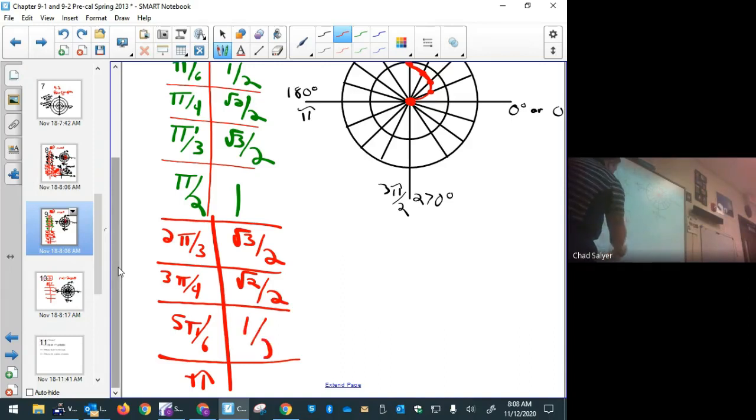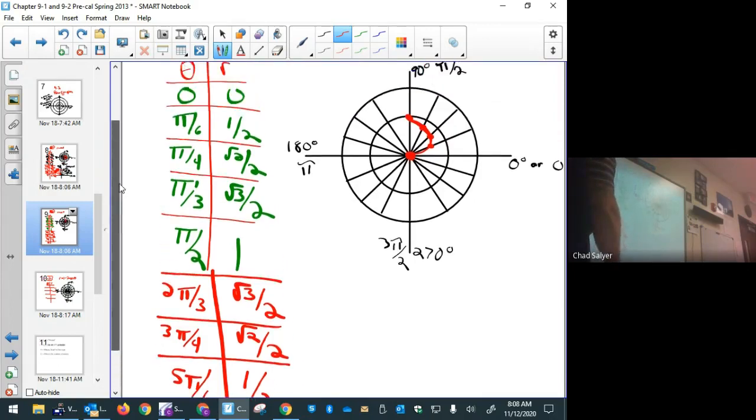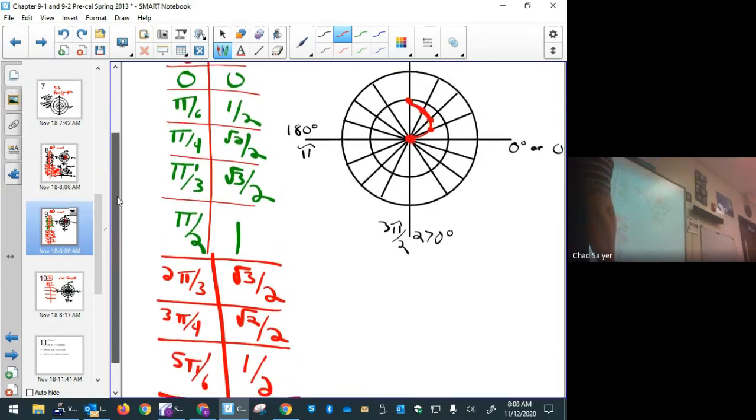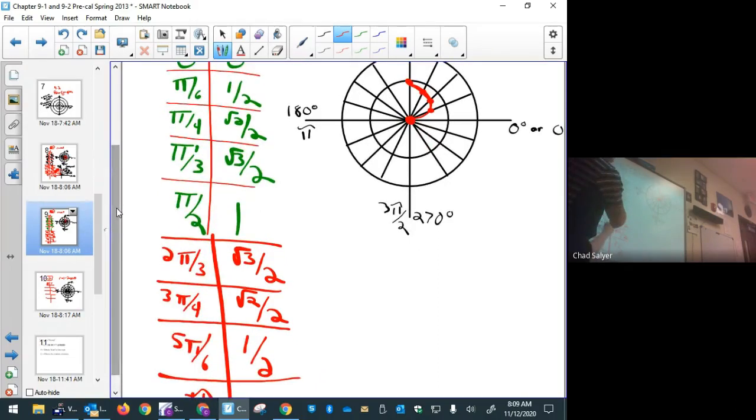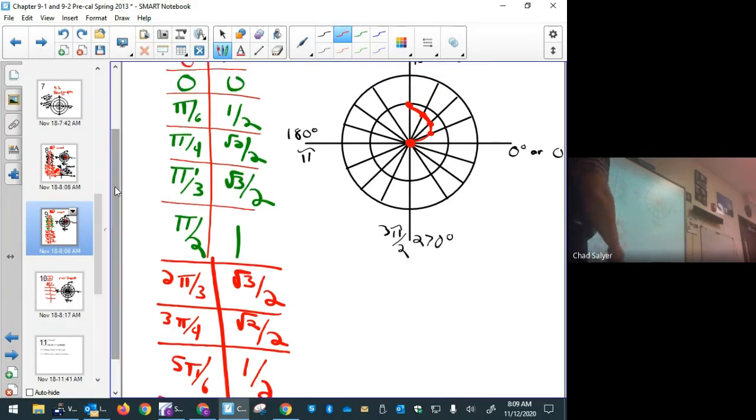Good. You see the symmetry here? So what about sine of pi?